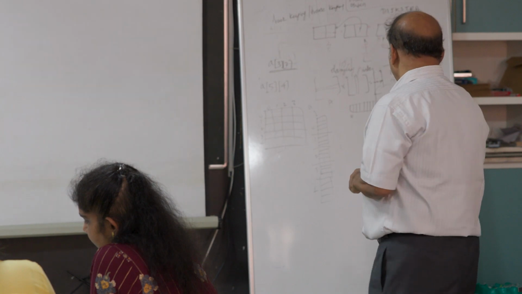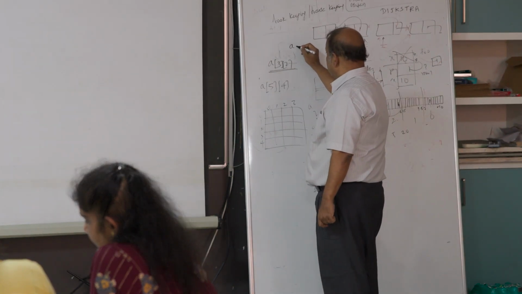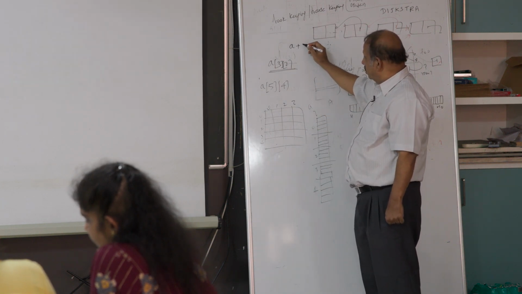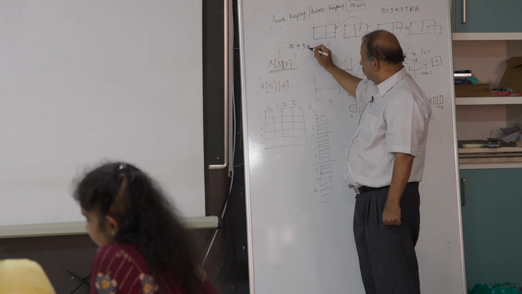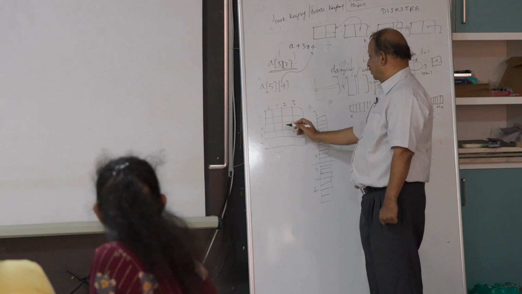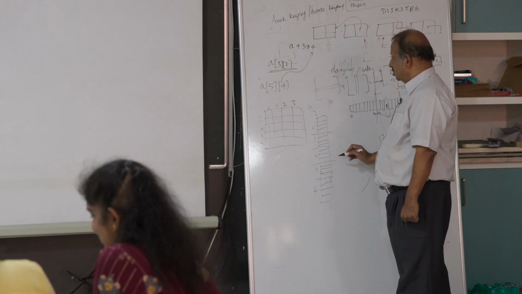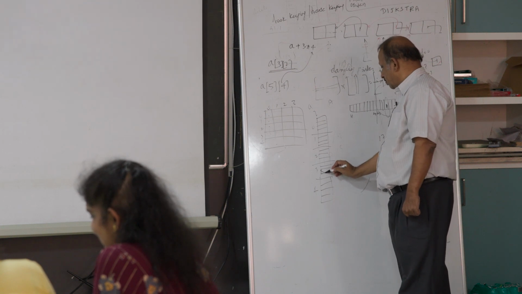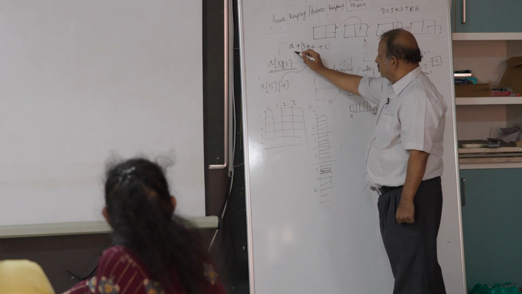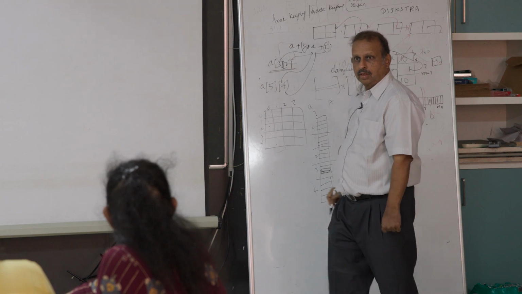What the compiler will have to do is take the value of A, add to this 3 times 4, skip 3 rows, and within this, pick up the second element. These two indices are coming from here. 4 is coming from here.